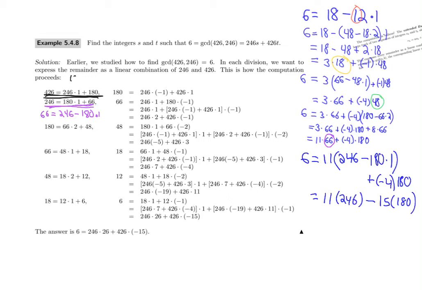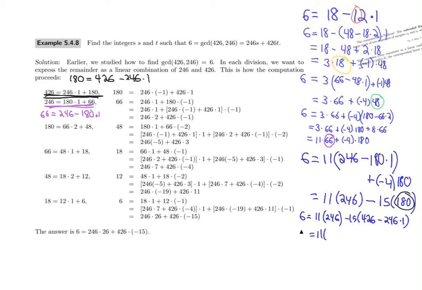And we're going to get 180 equals 426 minus 246 times 1. And that will go in the place of 180. So we'll have that 6 equals 11 times 246 minus 15 times the quantity 426 minus 246 times 1.